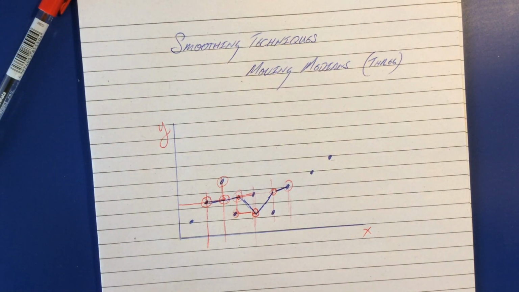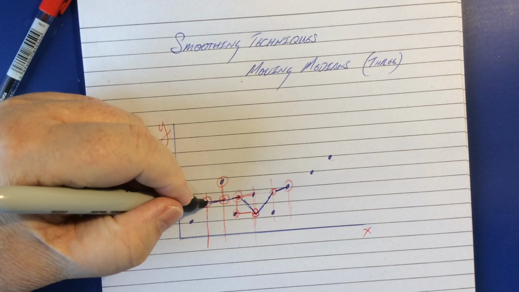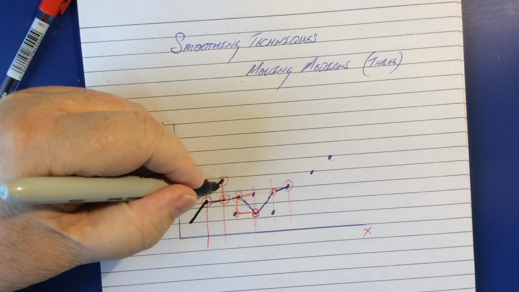Now, what I am going to do is find a pen to do this with. I'm going to draw in the original line in black.